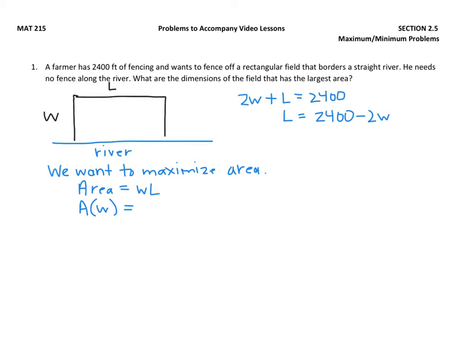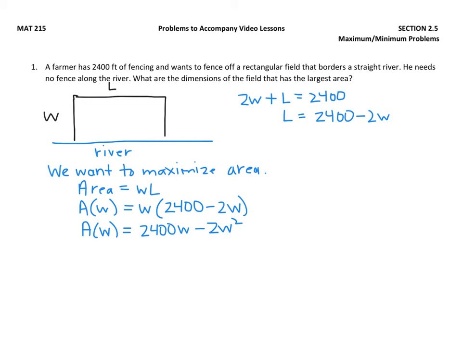So here we've expressed length in terms of W. When we come up with our area function, we can write it in terms of just W. Our area function is going to look like W, and instead of L, we replace L with 2,400 minus 2W. Simplifying, our area function now looks like 2,400W minus 2W squared.